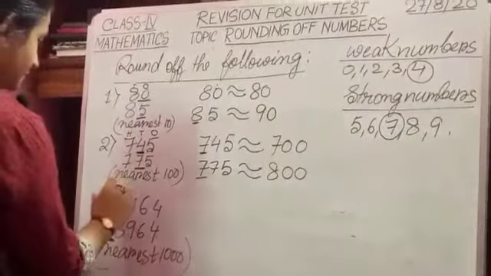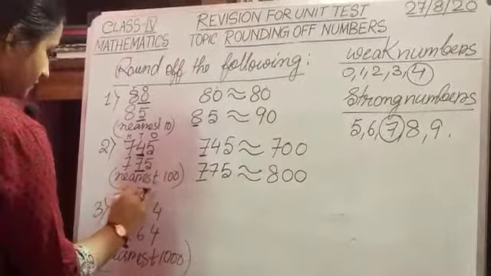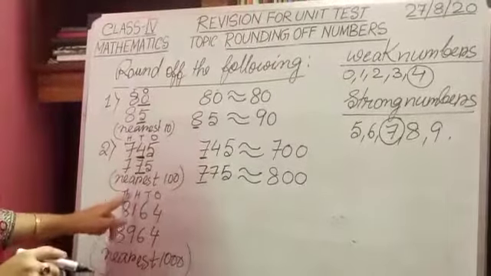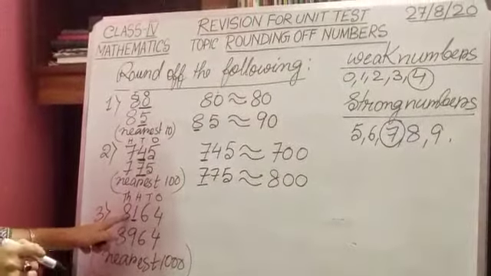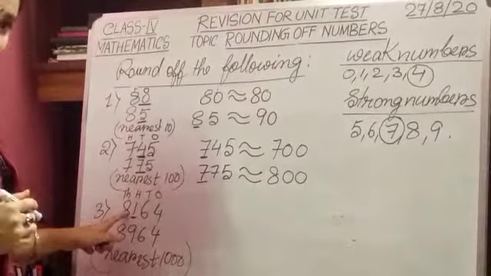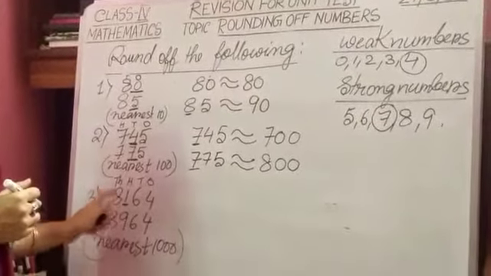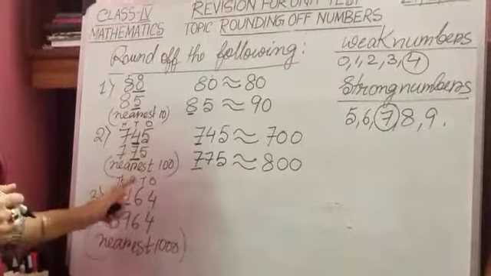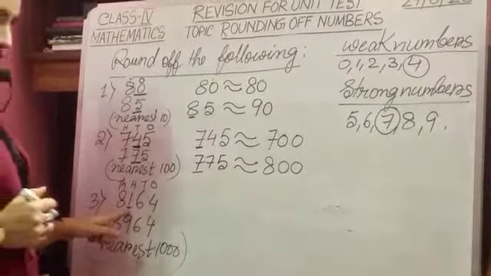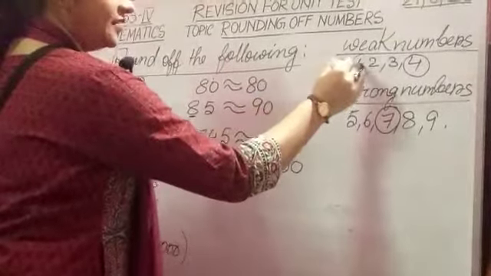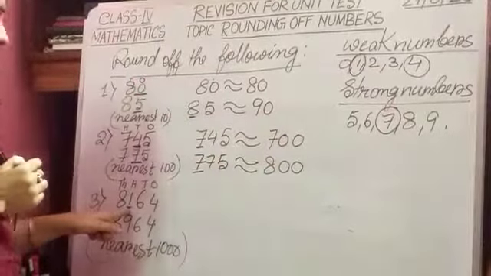So, this time you have to see the hundreds column because thousands plus you have to round off. So, the number sitting to the right is the number under the hundreds column. Now see here, it is 1. So 1 is under the weak numbers column.